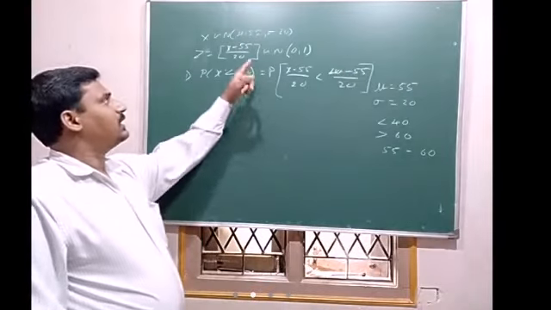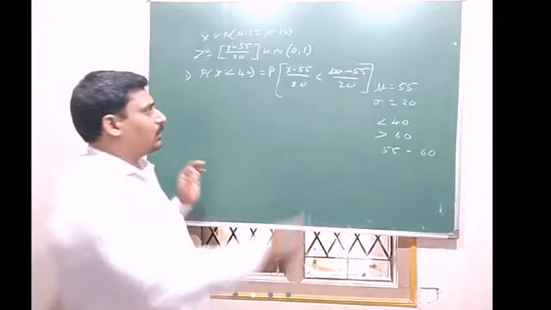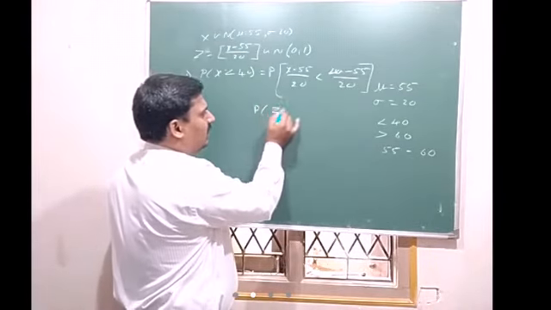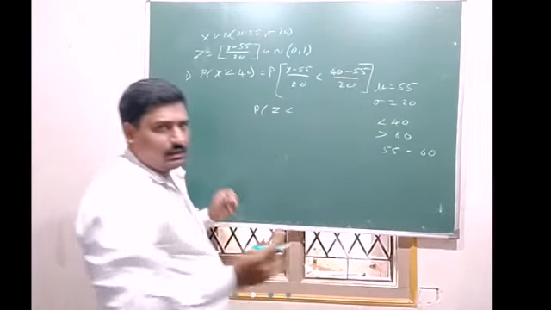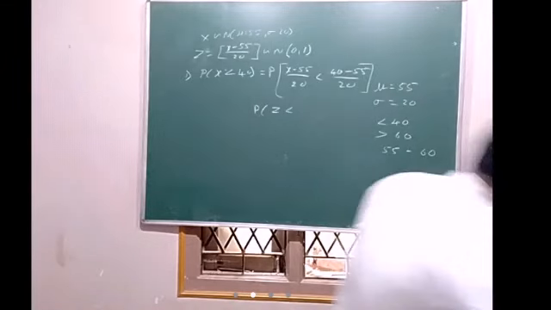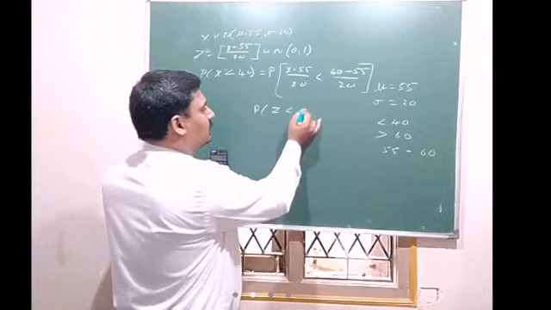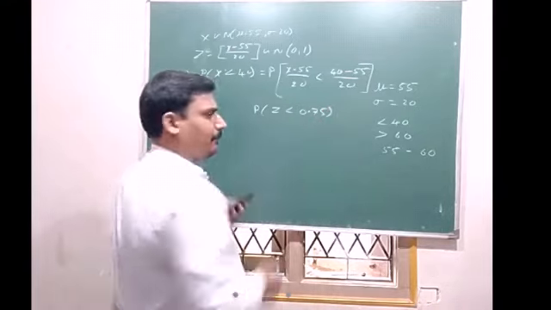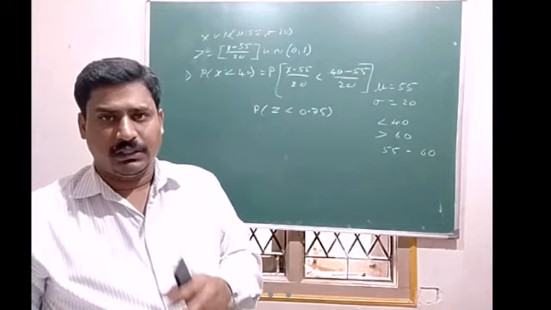So we know that (x minus 55) divided by 20 is z. So P of z is less than (40 minus 55), which is minus 15, divided by 20. So 15 divided by 20, we get 0.75. So this value we plot in the graph first roughly.